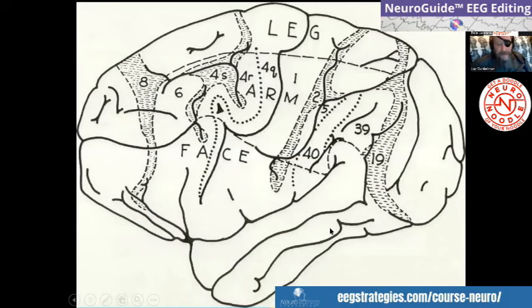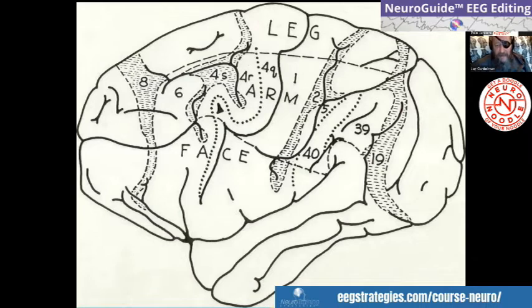In ADD, there was a study by Ernst Niedermeyer. Niedermeyer is really famous. He should be. And when he writes a paper, you read it because he's a foundational figure in EEG. And he wrote a paper talking about the frontal lobe disconnection in ADD.